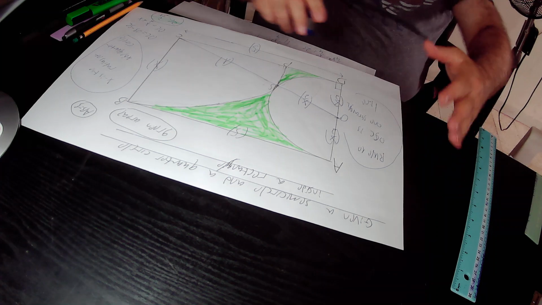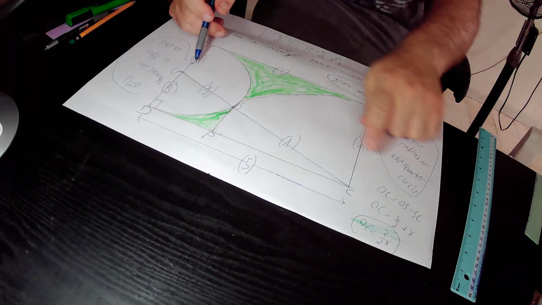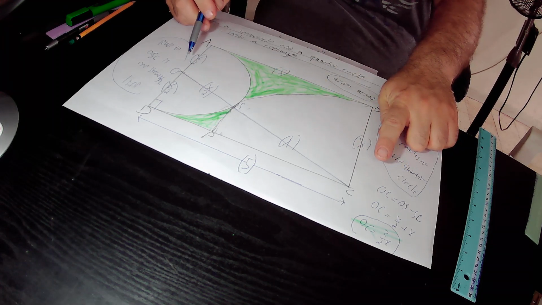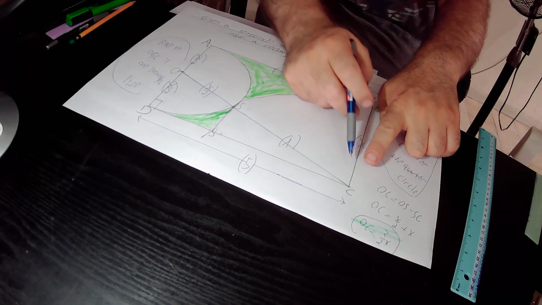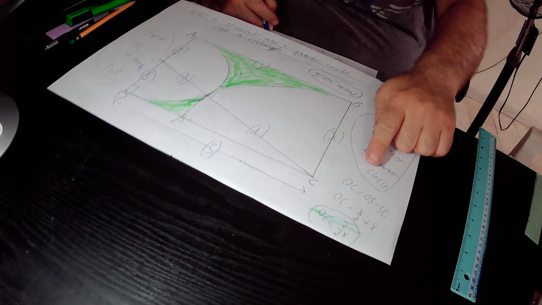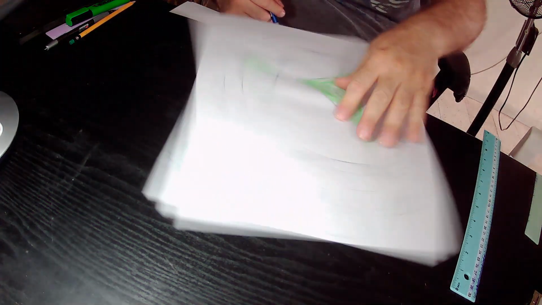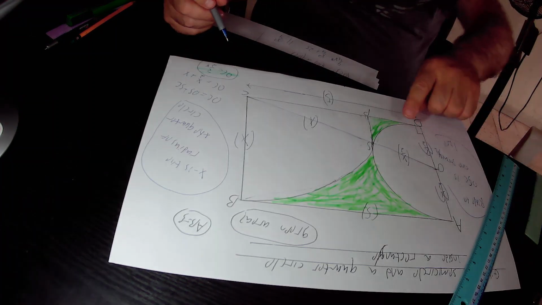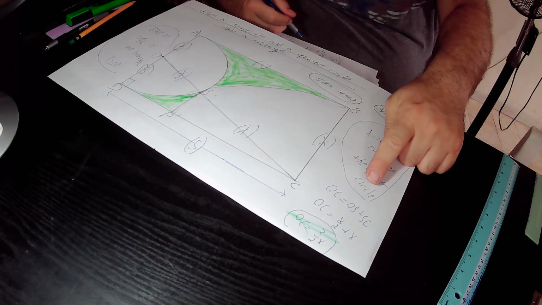If OSC is one straight line, it means that OC will be equal to OS plus SC.